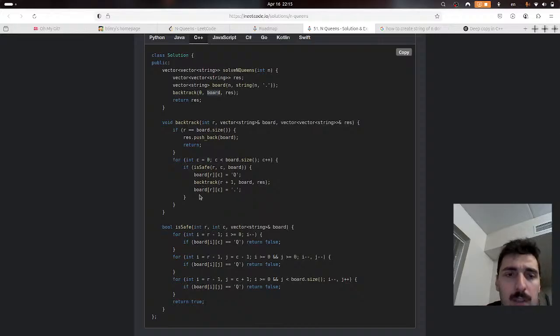The assumption is that we fill in the first row, then the next row, and then we backtrack and do the same row but a different column.